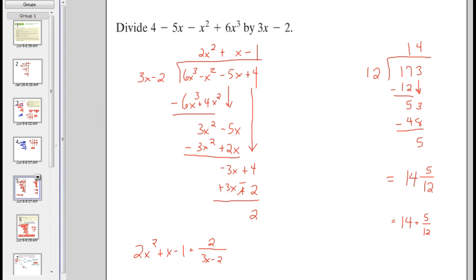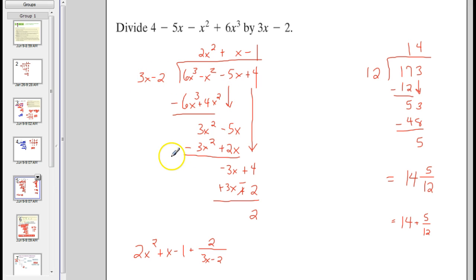Alright, what about something like this, where we got this 3x minus 2? What about something like that? The answer is yes, you can, but synthetic division is made easiest, or it has to be the case that the number in front of x when you do this process has to be 1.